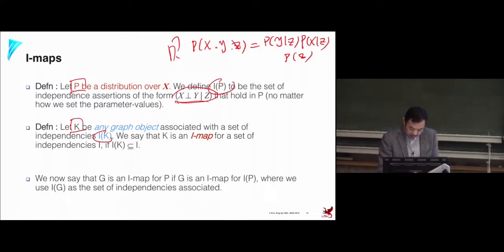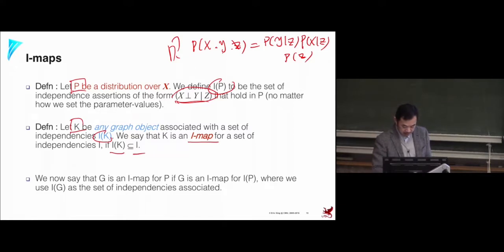So we first define the concept of I-map. We say that if the independence set of K is a subset of any other given independence set I, then K is an I-map of I. And what is I?